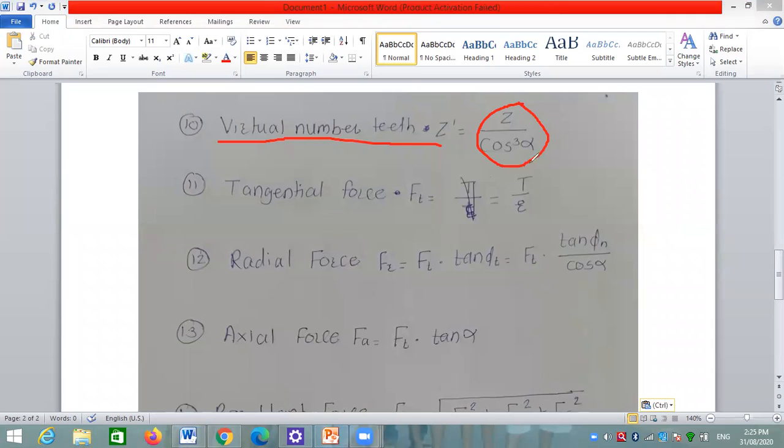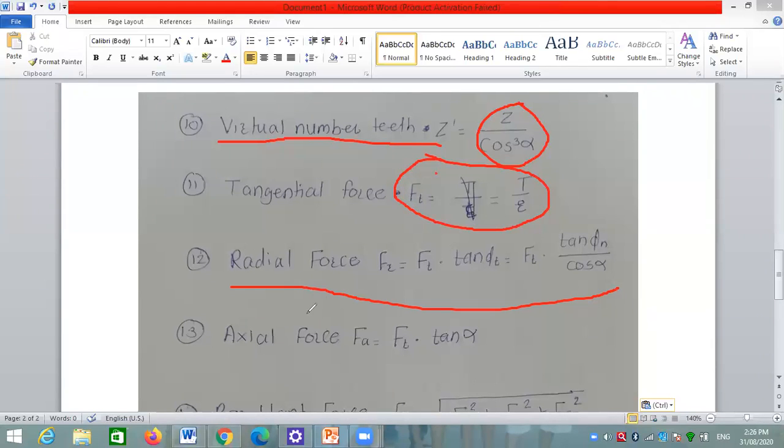Then tangential force. The formula for tangential force, Ft, is equal to T upon R, where T is the torque to be transmitted and R is the pitch circle radius of the helical gear. Then the formula for radial force is Ft into tan of phi t, or if we represent the radial force in terms of the normal pressure angle, then Fr, the radial force, is equal to Ft into tan of phi n divided by cos of alpha.